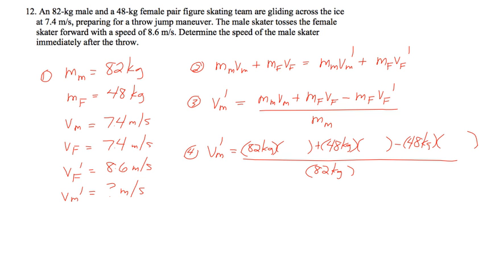The velocity of the male to begin with is 7.4 meters per second. The velocity of the female to begin is 7.4 meters per second. The velocity of the female after is 8.6. And now just solving that, hopefully you'll get the answer that I gave, which is 6.7.